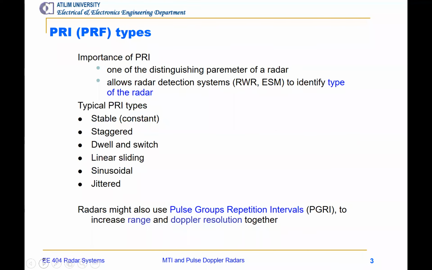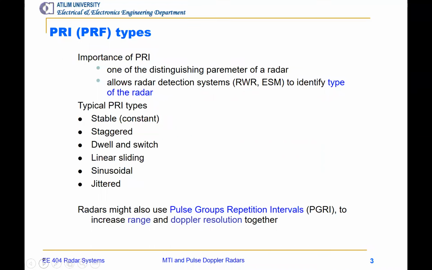Okay, here you see a slide where we have a list of PRI types. By the way, I will use PRI and PRF interchangeably. Sometimes I may say PRF, sometimes PRI. Remember that one is inversely proportional to the other, so it doesn't matter if you use either PRI or PRF.